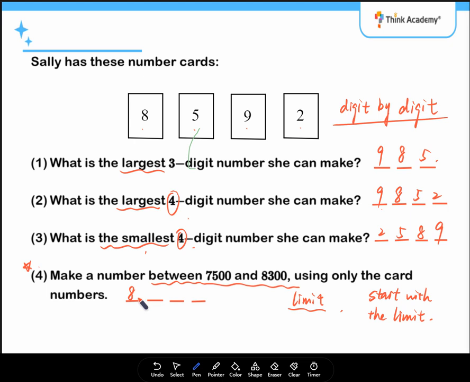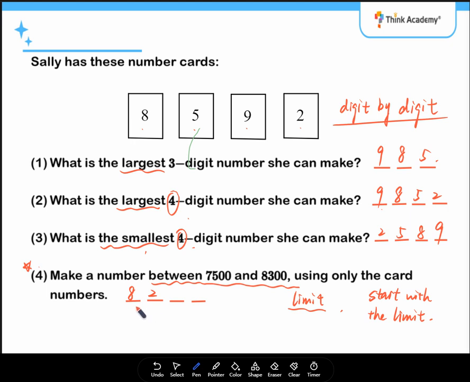And the second one, can we use 5, for example? Nope, because if we use 5, that would be larger than 8,300. So we should only use 2.